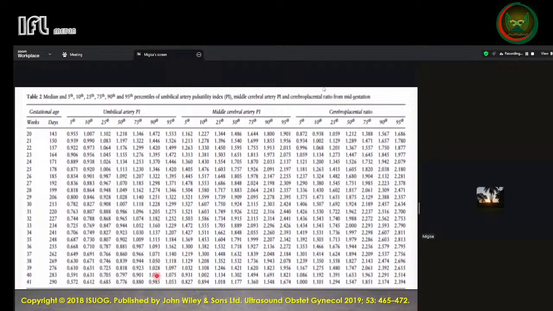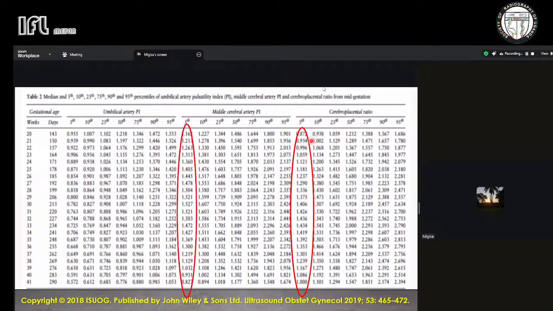This is a table giving us PIs in the umbilical, in the MCA, and the cerebroplacental ratio. So like I've been mentioning, we consider PIs below the 5th centile. In the CPR and the MCA, we consider PIs at this point to be abnormal, or the fetus to be really in distress.